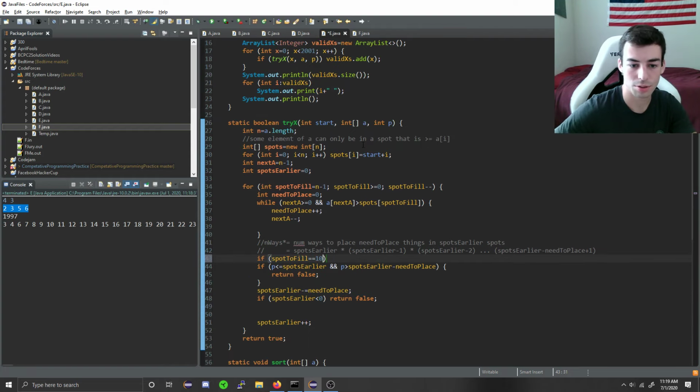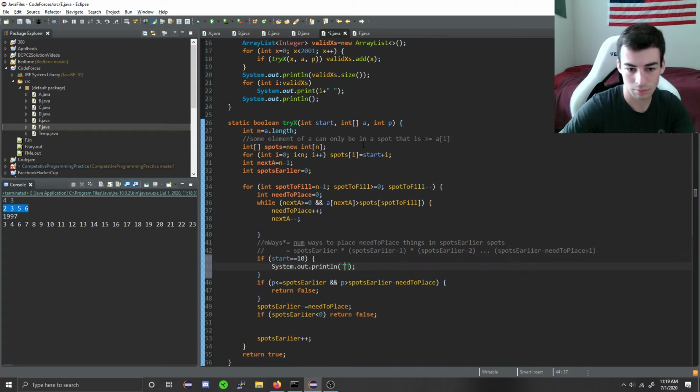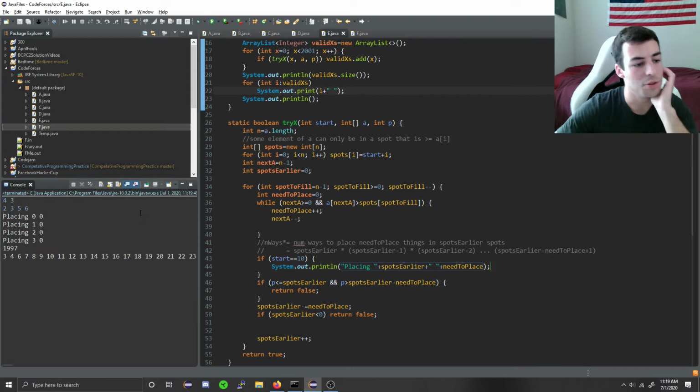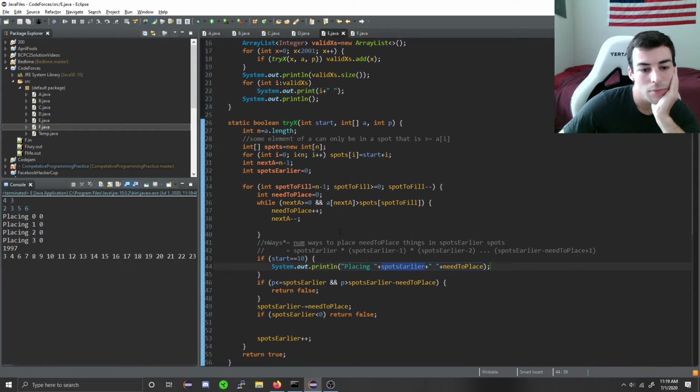Or I guess, what is this? This is start. Probably a stupid mistake here. I need to place 0, need to place 0, need to place 0, need to place 0. I see.